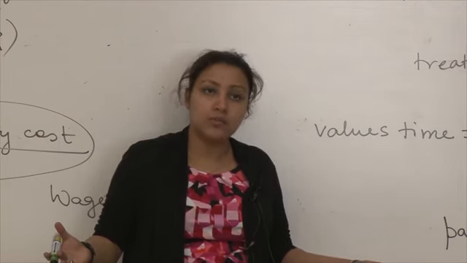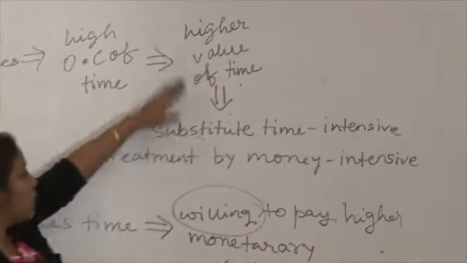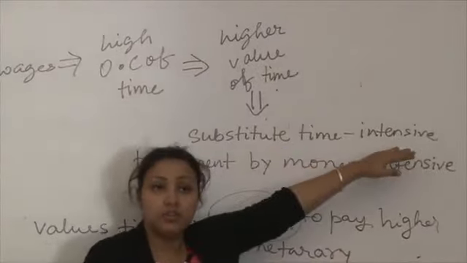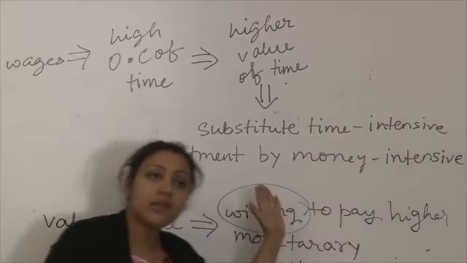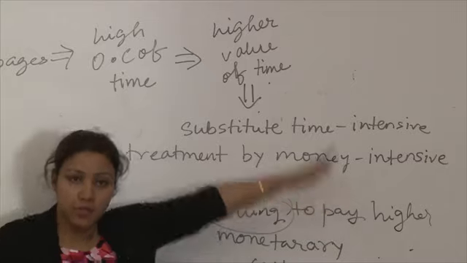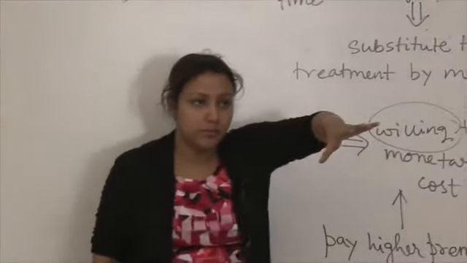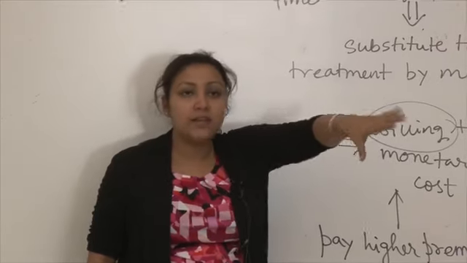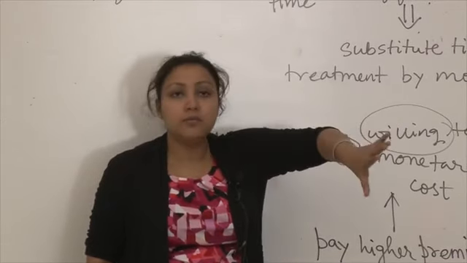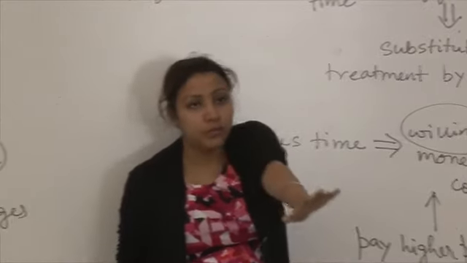Do you understand what I'm saying? If a person values more time, then he wants to substitute something which requires more time with something that will require more money, because money is not a problem for him. He values time, so he wants to take care of the time aspect of it. So he doesn't want to wait in lines, and to prevent himself from waiting in lines, he is willing to pay more for the treatment.